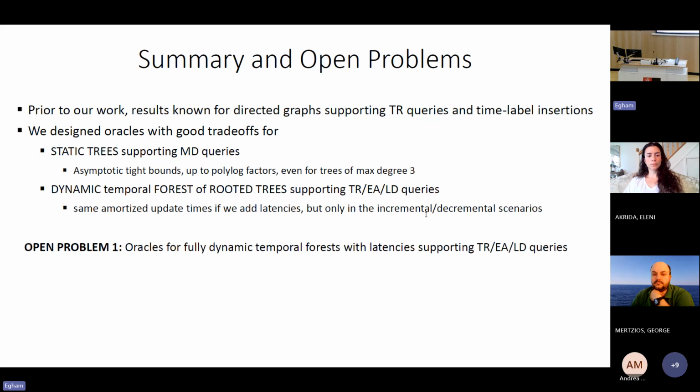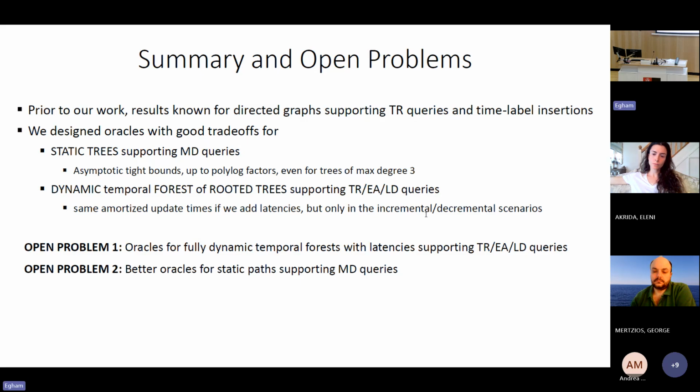And probably the problem that is of interest is whether it is possible to design oracles for fully dynamic temporal forests with latencies that support temporal reachability, earliest arrival, and latest departure queries, and try to get the same trade-offs we obtained for the same scenario, but only for the incremental and the decremental cases.